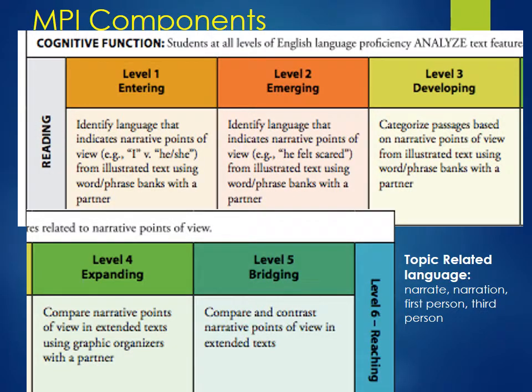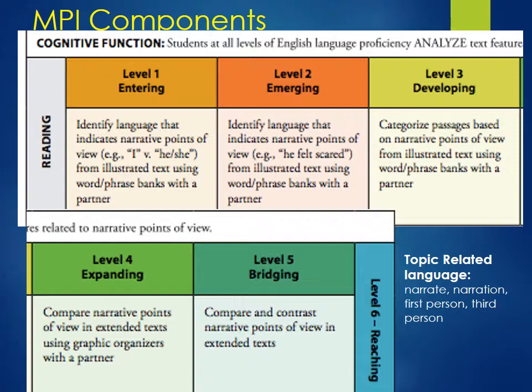And then you can see that the differentiated supports are also changed according to the language levels. At level 5, they're going to actually engage with extended text. There's not a whole lot of differentiated support there, not needed. Then at level 4, extended text, but using graphic organizers and with a partner.